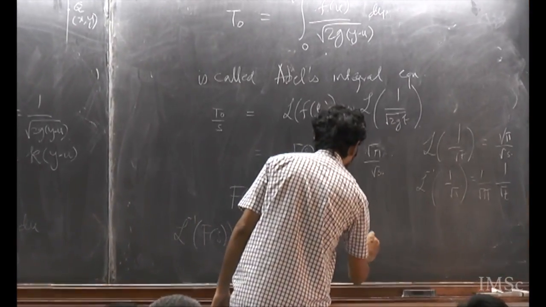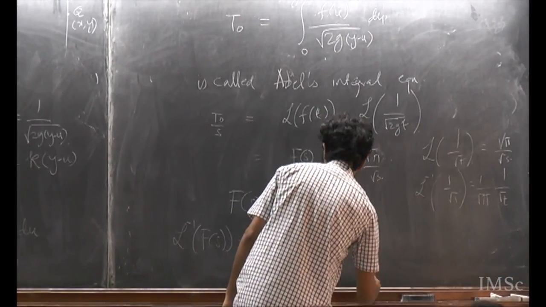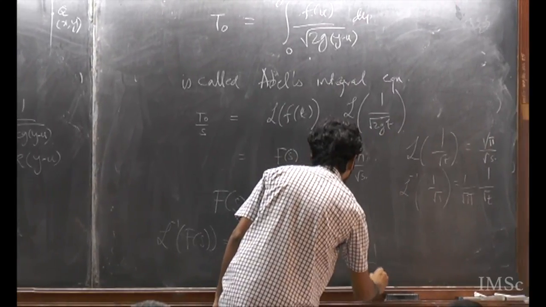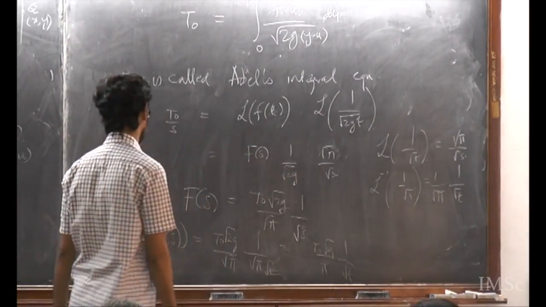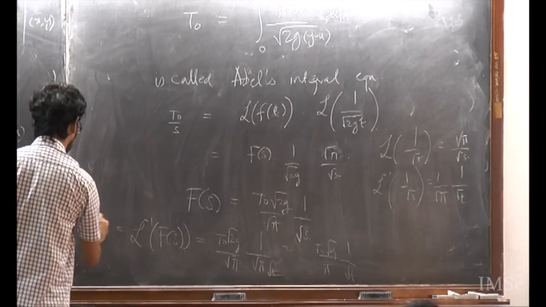So this is T naught root 2g over pi, times 1 over root t, and this is your f of t.